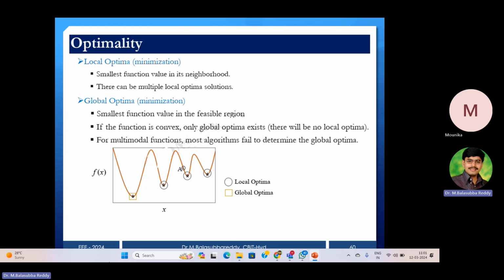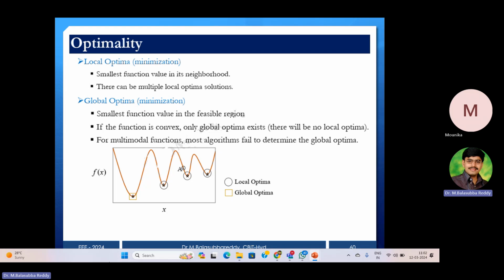Here, for the objective functions, we are going to identify the optimal value, or x star, whatever you call it, whether it is a local optima or a global optima. In a local optima, in each iteration, the smallest value in that particular case is a local optima.